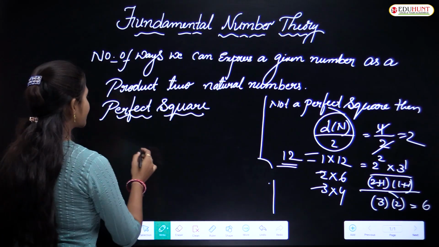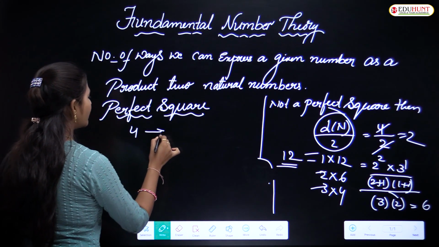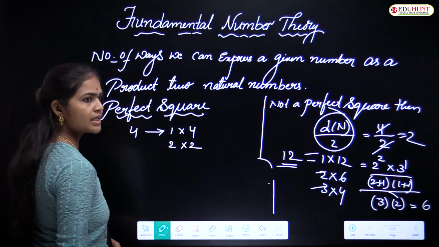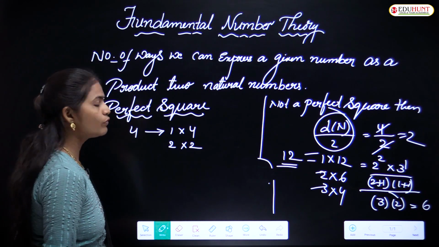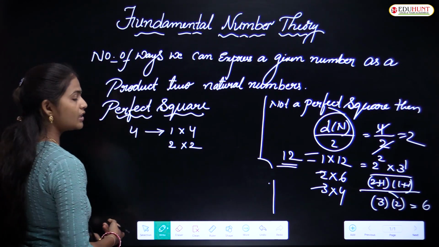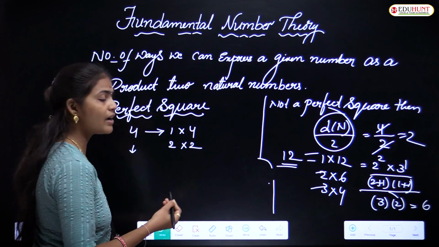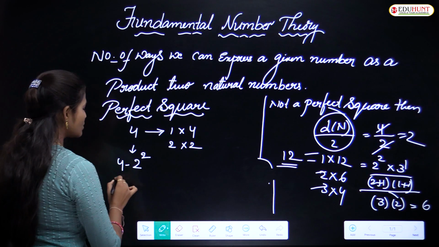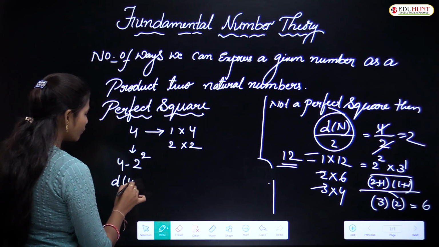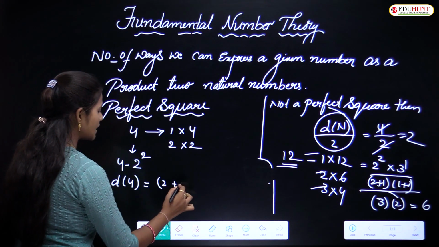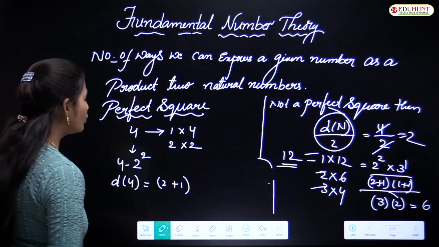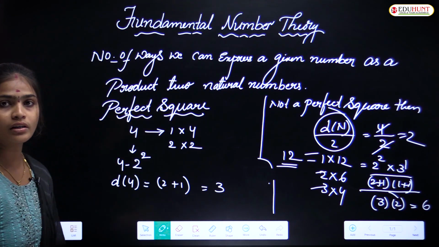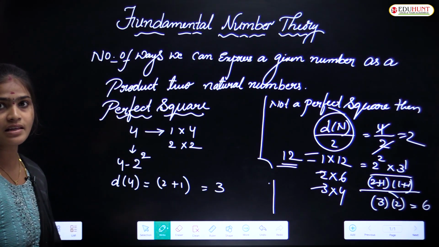If it is a perfect square, for example take 4, how can we express it? 1 into 4, and 2 into 2. How many factors are there? We can express 4 as 2 square, so the number of factors of 4 is 2 plus 1, which is 3 factors in total.